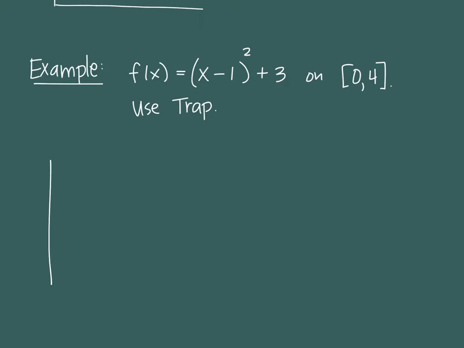And so the graph of this is going to look like a parabola that had its vertex 1 to the right and up 3. And then the parabola comes through that. We're going up to the number 4.